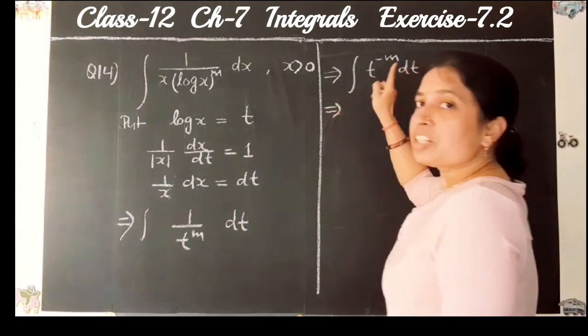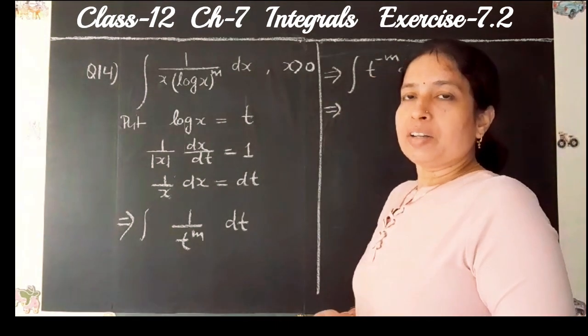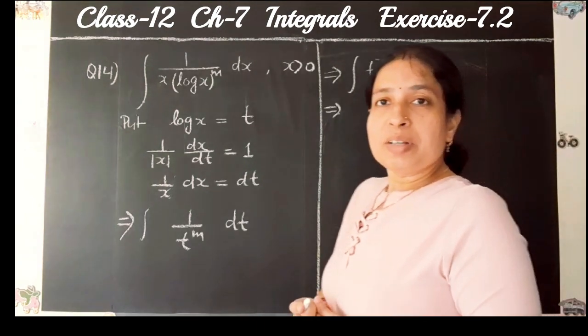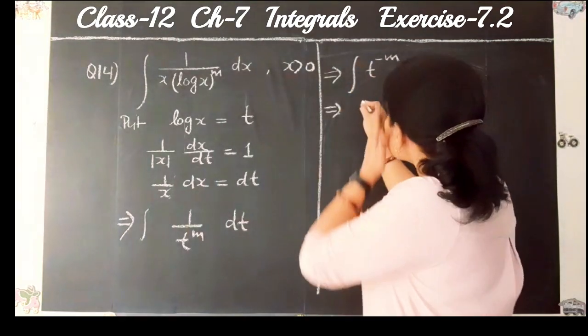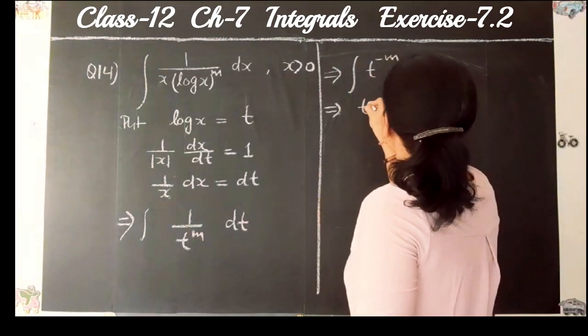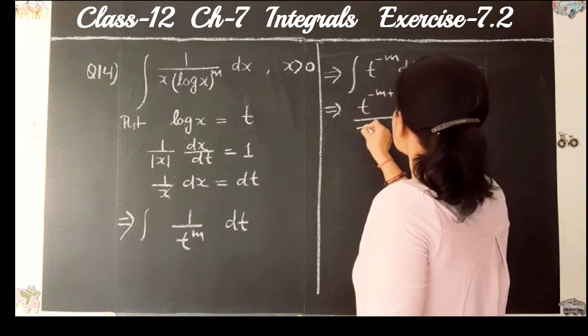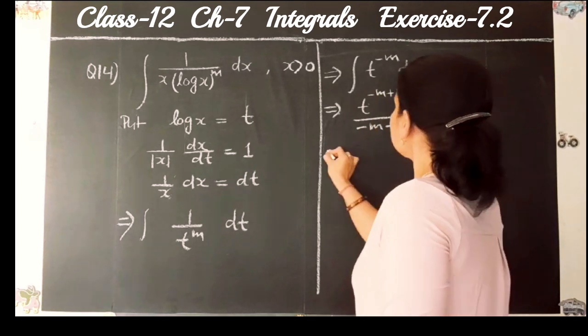Now this one is in standard form, just like integral of x to the power n. What is the formula for that? Integral of x to the power n will be x to the power n plus 1 divided by n plus 1. Yes. So right here t to the power minus m plus 1 divided by minus m plus 1 and a constant c.